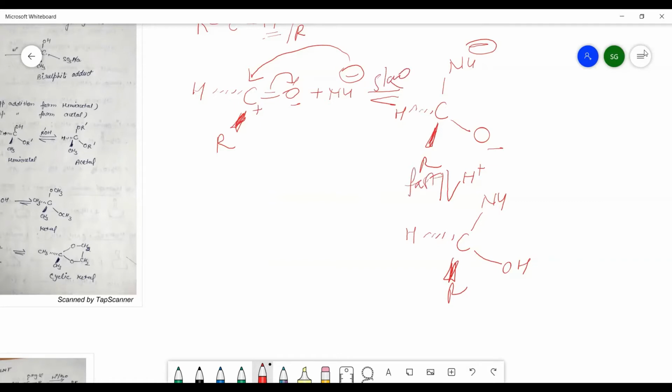So we can say in the case of nucleophilic addition reaction, the first step is the rate determining step. It will decide the speed of the reaction, and the slower step is always the rate determining step. So this is the main mechanism for the addition of a nucleophile to the carbonyl carbon.